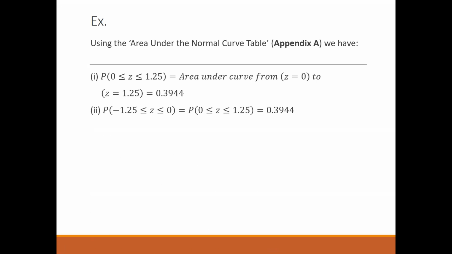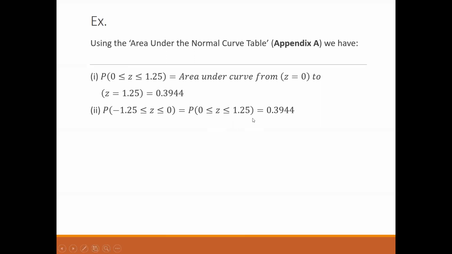If I tell you to find the probability for a negative value, as I told you, the same holds on both sides. So we can write P(-1.25 ≤ Z ≤ 0) as P(0 ≤ Z ≤ 1.25), which is similar to the previous one. This is called the property of symmetry, which I am making use of, rewriting the value which was negative in this form.